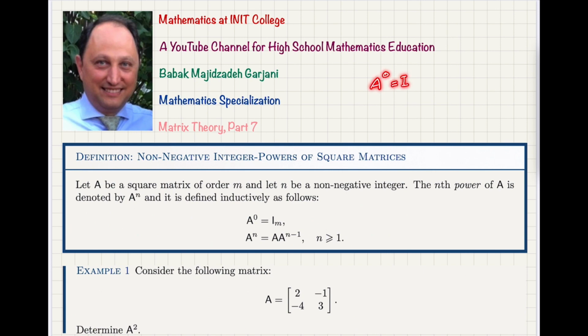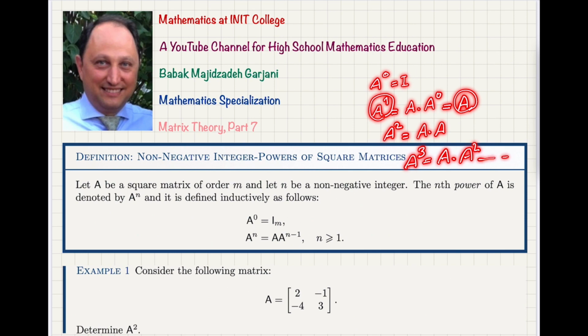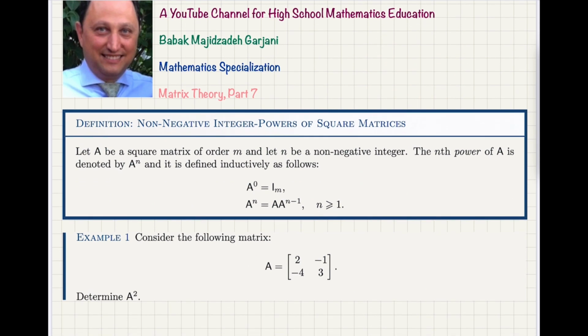A to the 1 is A multiplied by A to the 0, but A to the 0 is I, so A to the 1 is A itself, as expected. To calculate A squared, I multiply A by the previous power, which is A. To calculate A to the 3, I multiply A by A squared. Of course, this list can continue. So this is a very simple definition.